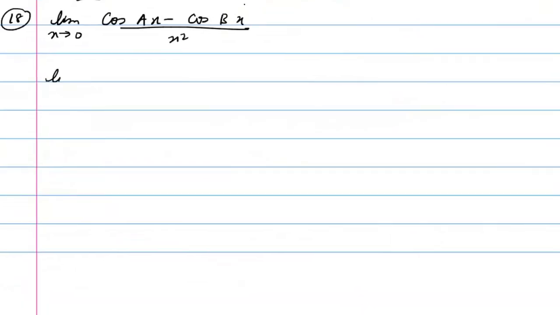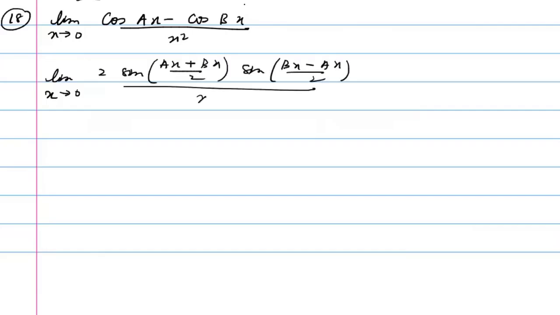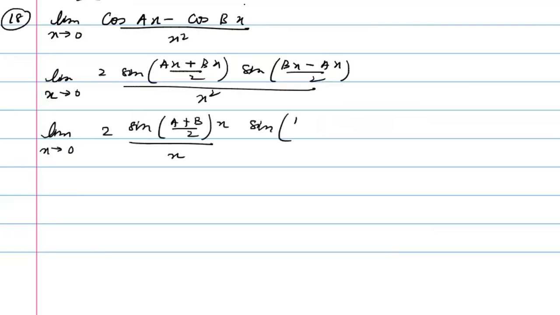So this will be equal to limit x tends to 0. So this will be 2 sine ax plus bx upon 2. The angle needs to be repeated.